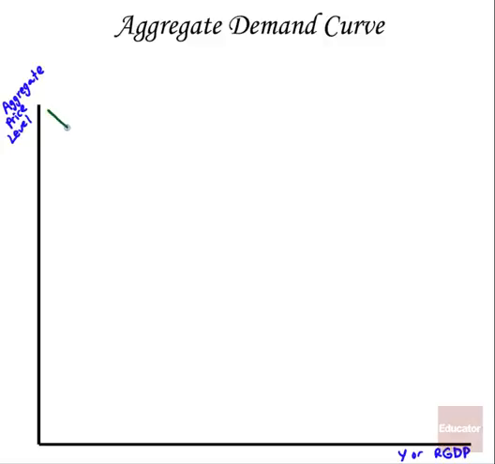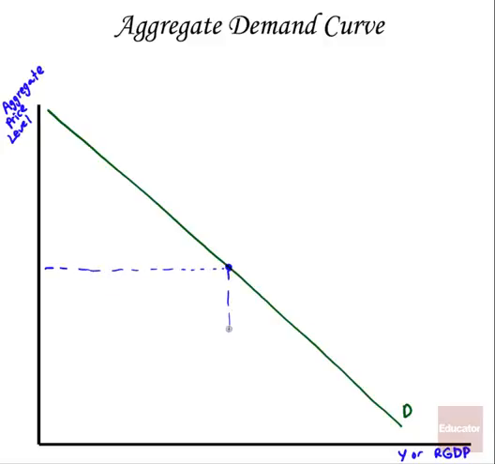And so how is the aggregate demand going to look? You just have a downward sloping line here. I'll label it demand. And what you have here is, let's say, this point right here, and this would be Y1. Let's call this PL1, and let's go ahead and capitalize the price level here.